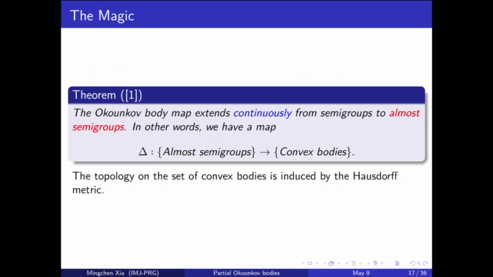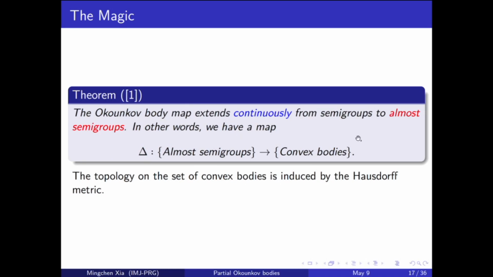And the second part of the magic is that the Okounkov bodies, although they can initially be defined for semigroups using the convex hull construction, it turns out that they can be continuously extended from semigroups to almost semigroups. In other words, we have a continuous map from the set of almost semigroups to the set of convex bodies in R^n. On the set of almost semigroups, we have the pseudometric, so we have a natural non-Hausdorff topology.